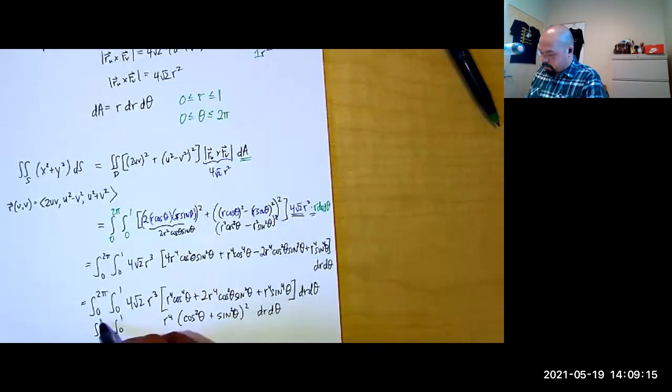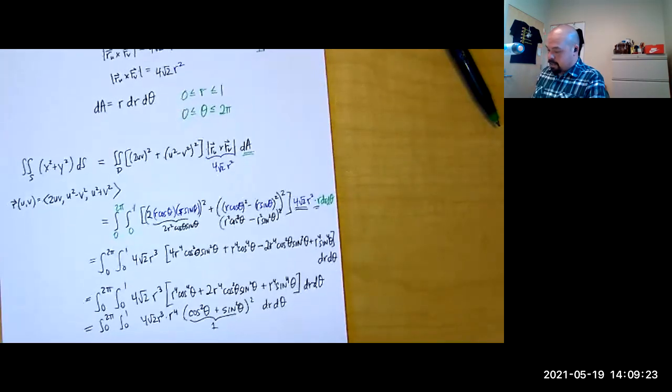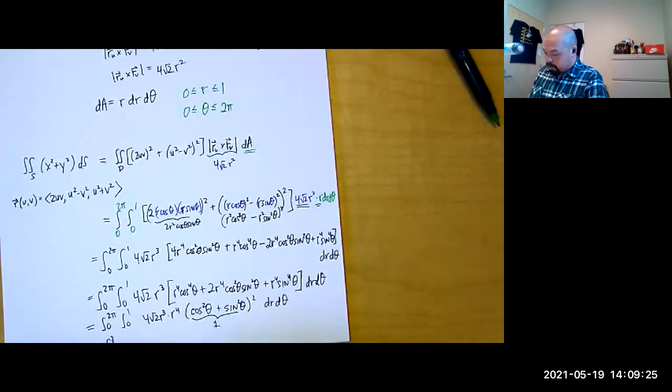Which is just a 1. So in the end, this becomes this integral from 0 to pi, 0 to 1, that's just a 1 squared, 4 root 2 r to the 7th power dr d theta.